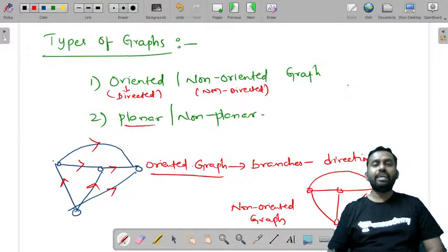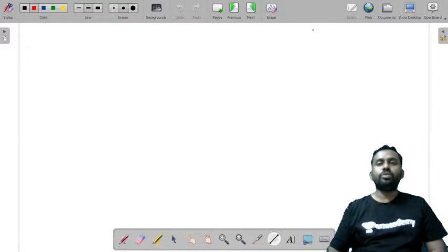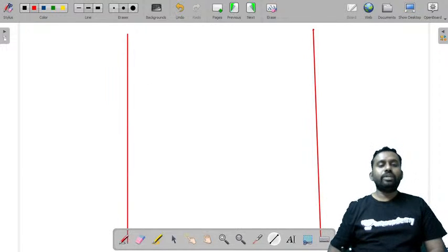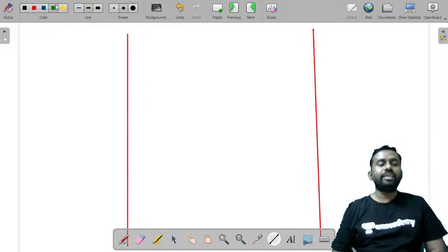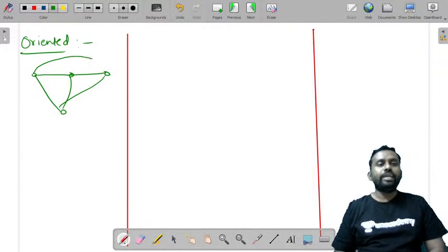Now what are planar and non-planar graphs? So what have you understood now? I have just told you two things. There are two types of graphs that we have seen. One is oriented. What is an oriented graph? A graph which has branch directions specified is called an oriented graph.